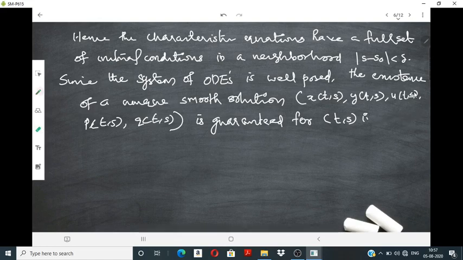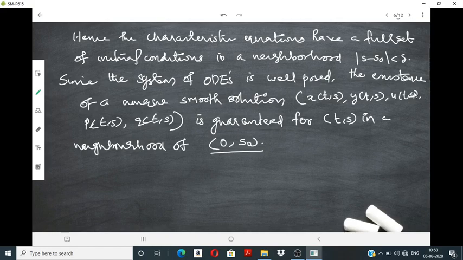The initial point is t equal to 0, so (0, s naught). In the neighborhood of (0, s naught), this Cauchy problem has a unique solution, that we have proved.